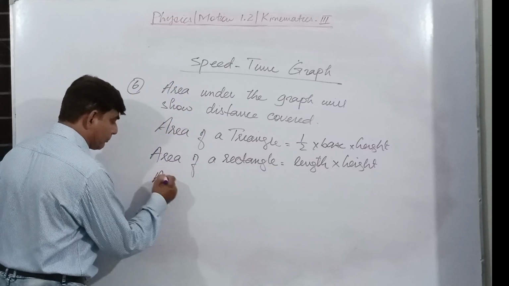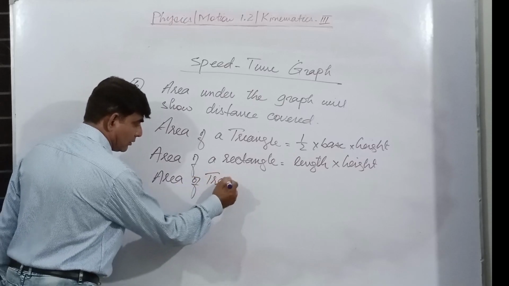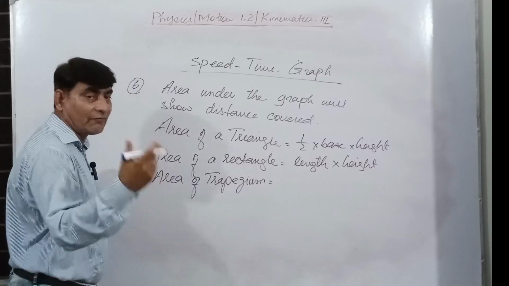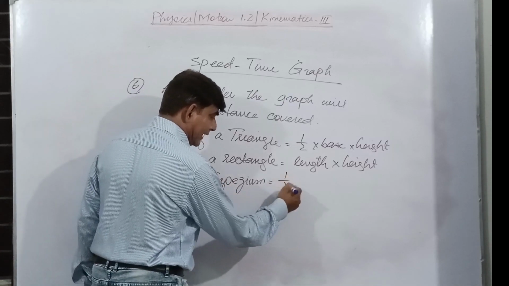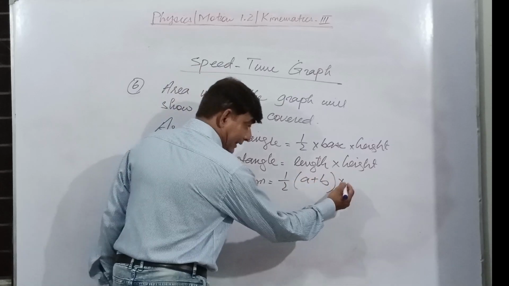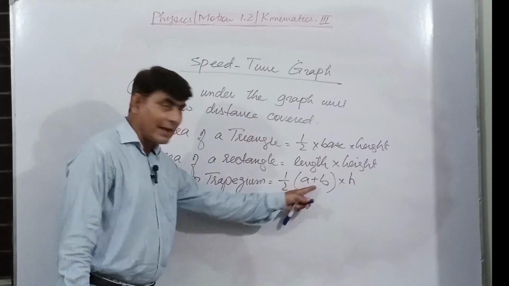What is the area of a trapezium? Area of a trapezium is half times the sum of the parallel sides times the distance between the parallel sides.